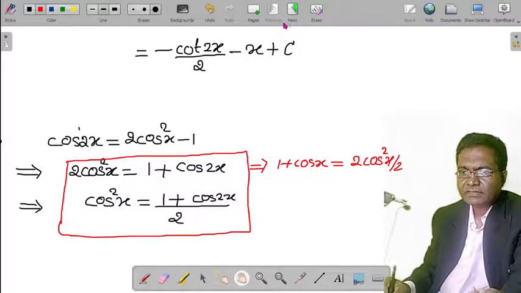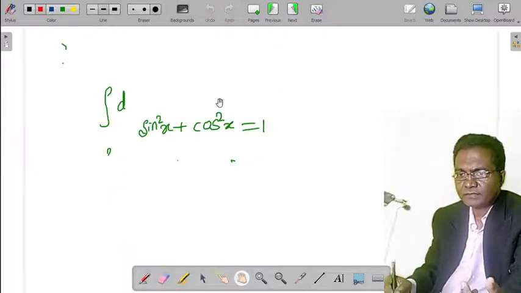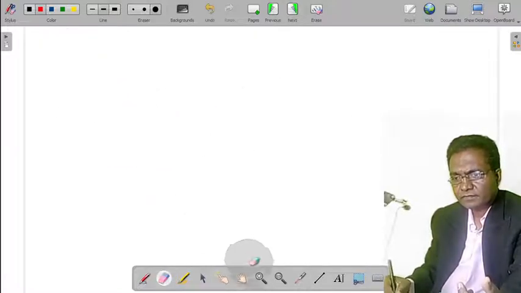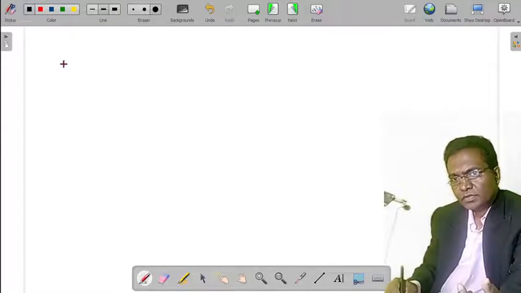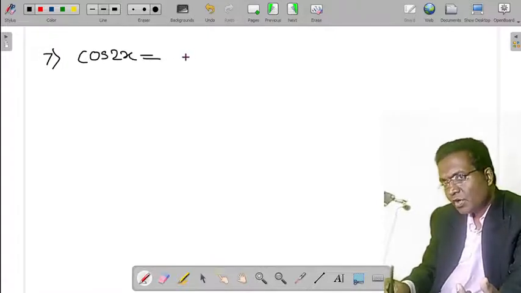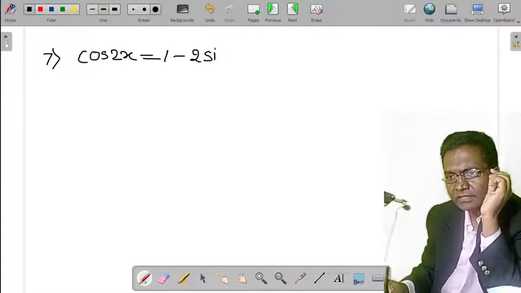Let's have the next, another form of cos 2x. Cos 2x can also be written in terms of sine. Cos 2x is 1 minus 2 sine square x, that is known to you, I suppose.